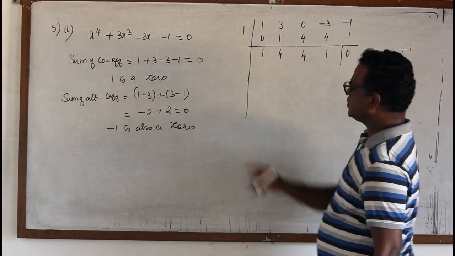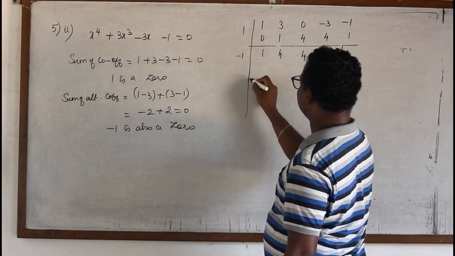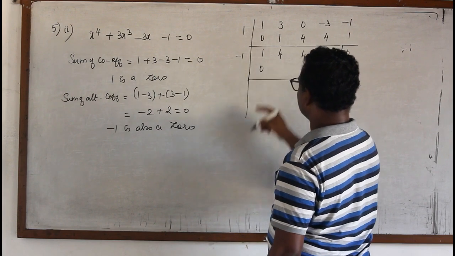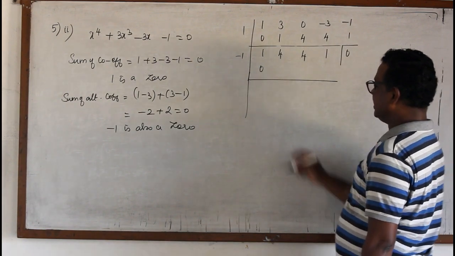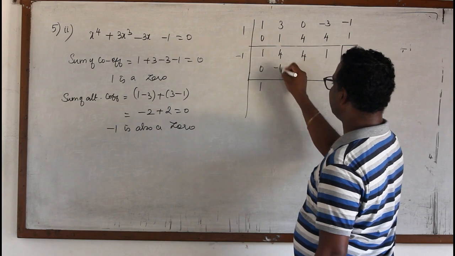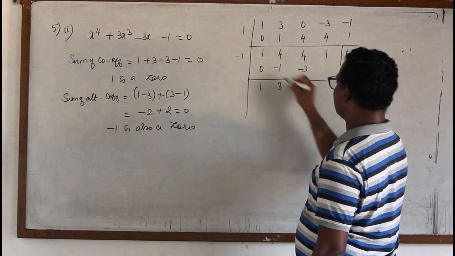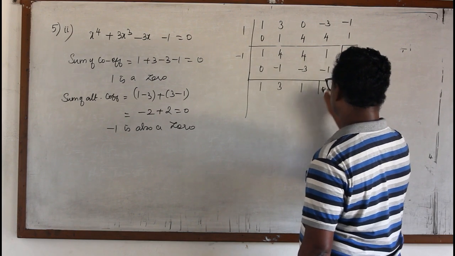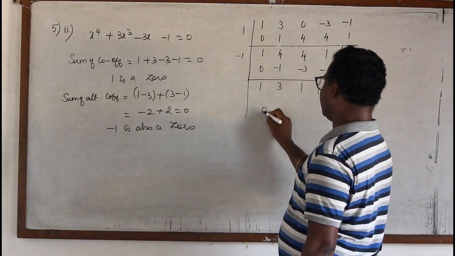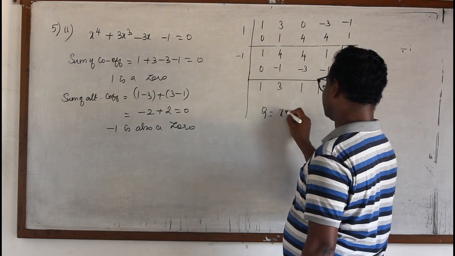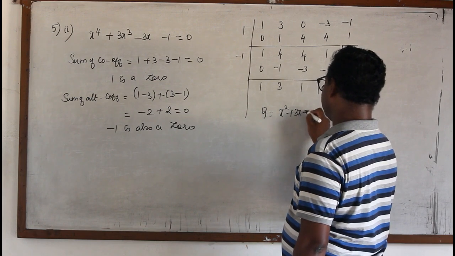Now minus 1 is also a factor, so if I divide with minus 1, we get 1, 3, 1 and remainder 0. Therefore, the resultant quotient is x² + 3x + 1.